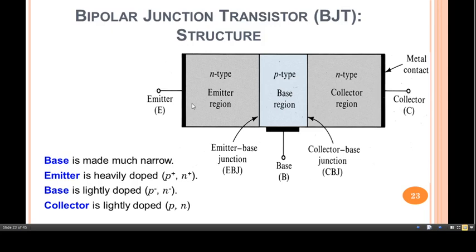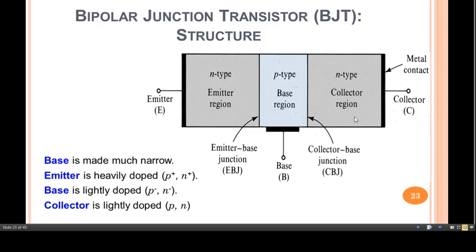While constructing this BJT, the base region is kept much smaller compared to the emitter and collector regions. The collector region is larger than the emitter region, meaning the width of base is smallest, then the width of emitter region, and after that the width of collector region.